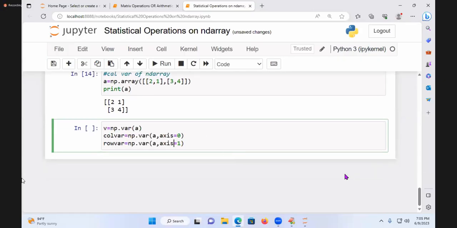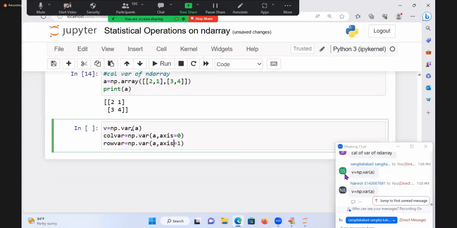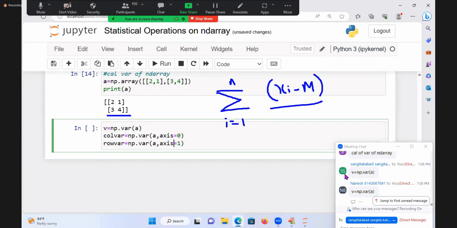Getting me? Now, students, when you want to calculate the variance, there is one formula. Sigma i equal to 1 to n, (xi minus m) whole square by number of elements.